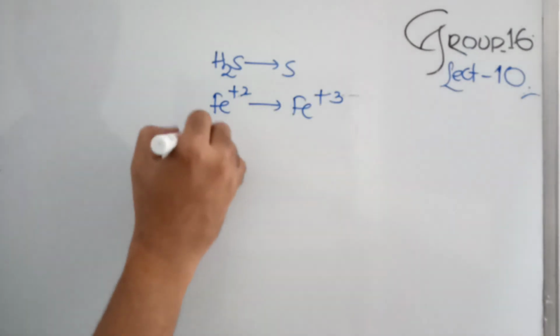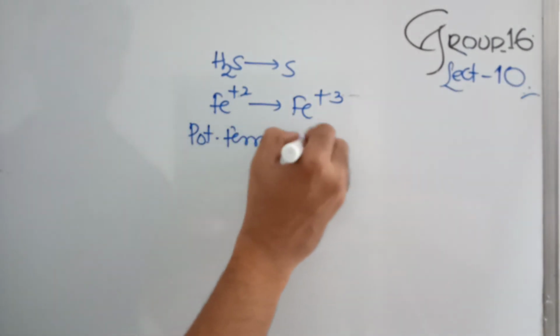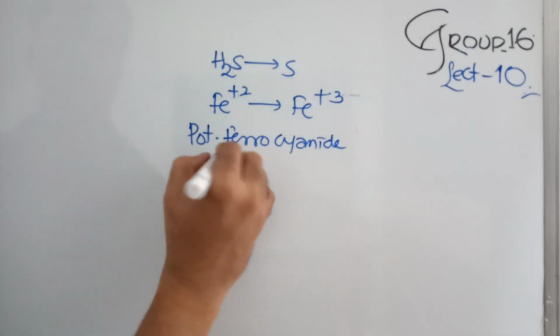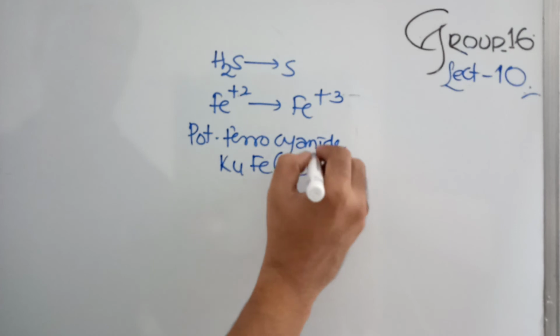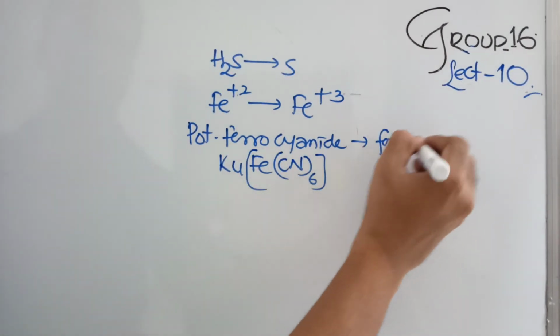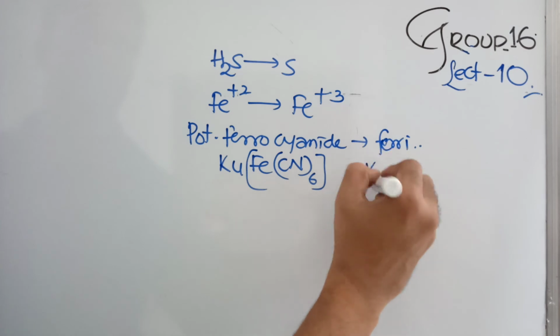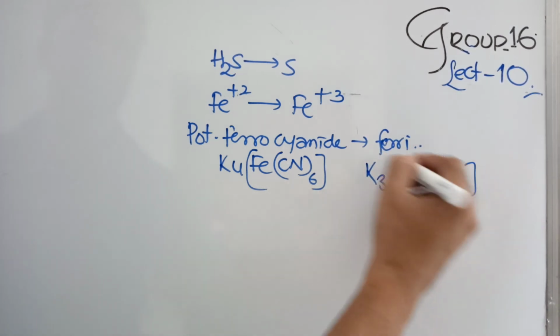Potassium ferrocyanide, K4[Fe(CN)6], is oxidized to potassium ferricyanide, K3[Fe(CN)6], where the oxidation state changes from +2 to +3.